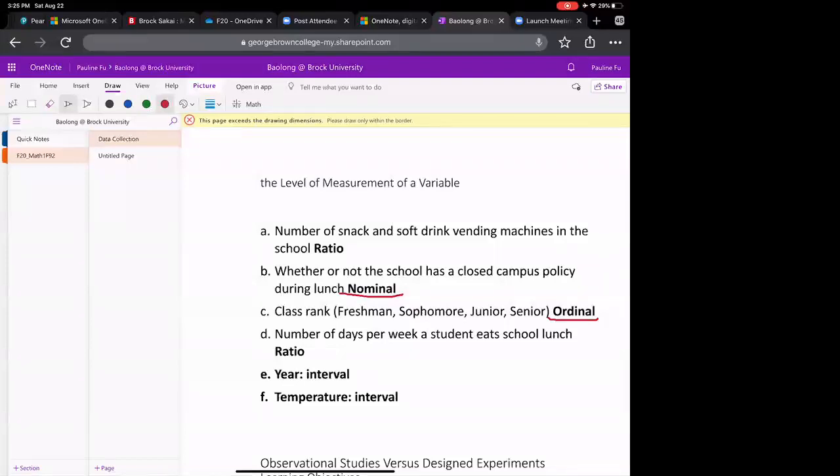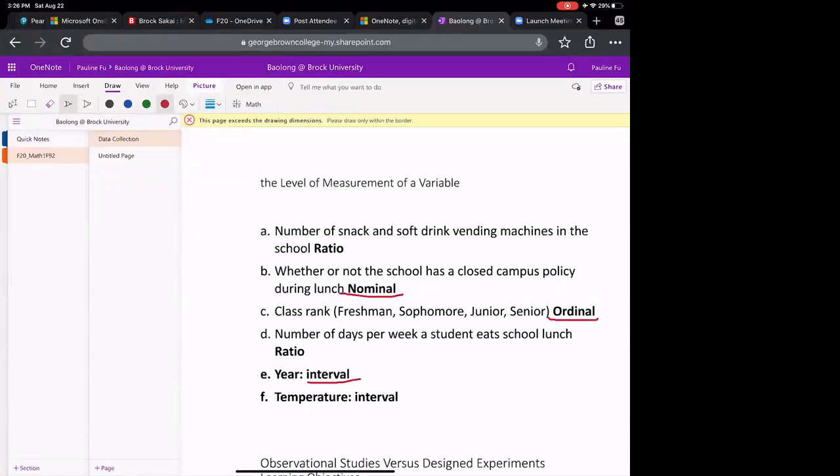And then we have interval data. If I ask you, when did you graduate from high school? You may say in 2010 or 2015. Calendar year is interval data.